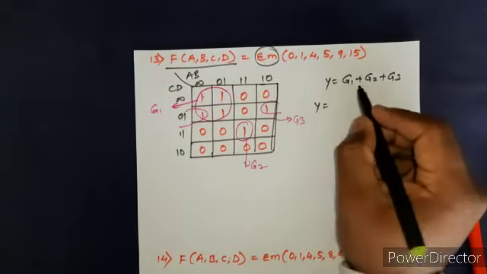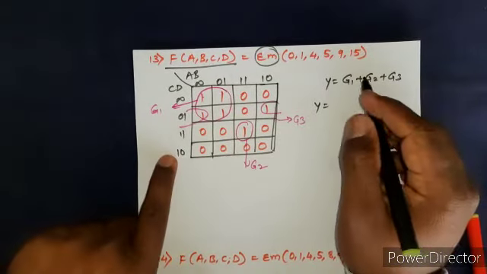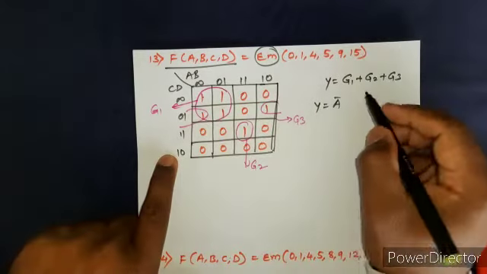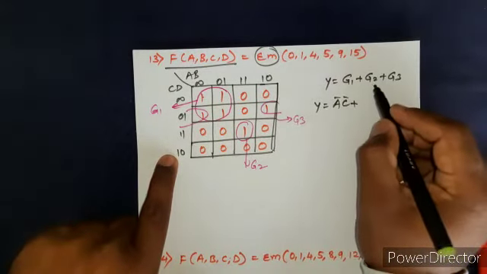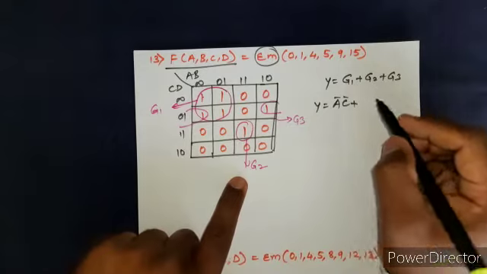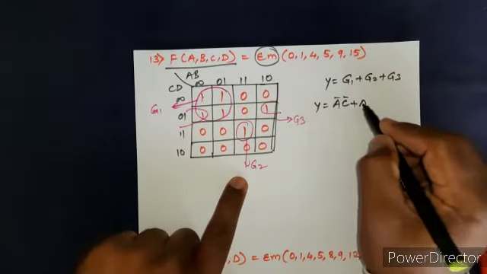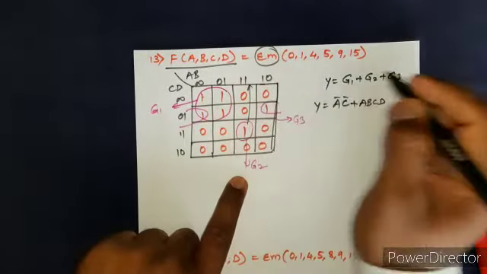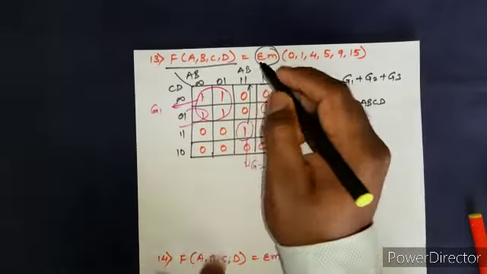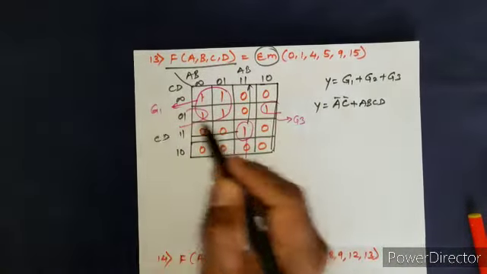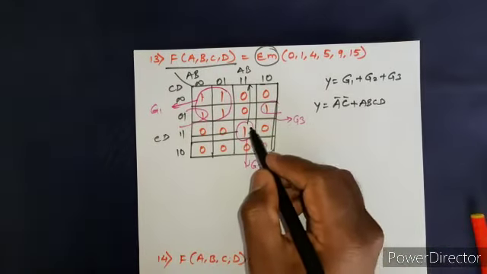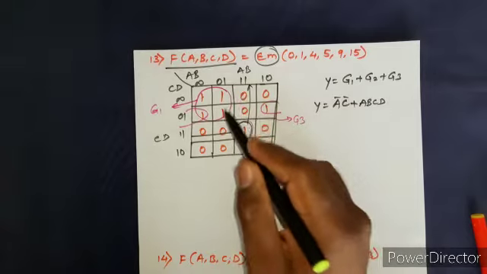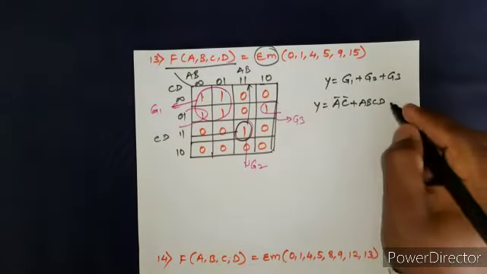So I can directly write down group 1 becomes A bar C bar, plus group 2 is ABCD, because if you go this way it is AB and if you go this way it is CD. So that's why we have discussed that if you take a single cell then no variable is eliminated, right?